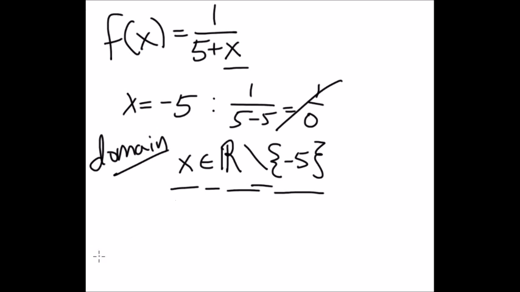So now let's consider the range of this function f of x. We're going to ask, given all of these different values of x for the domain, what values can f of x take on? And so basically we want to consider the full range of x's. If we think about x being extremely large, that would be 1 over an extremely large number, which would be just barely to the right side of 0.